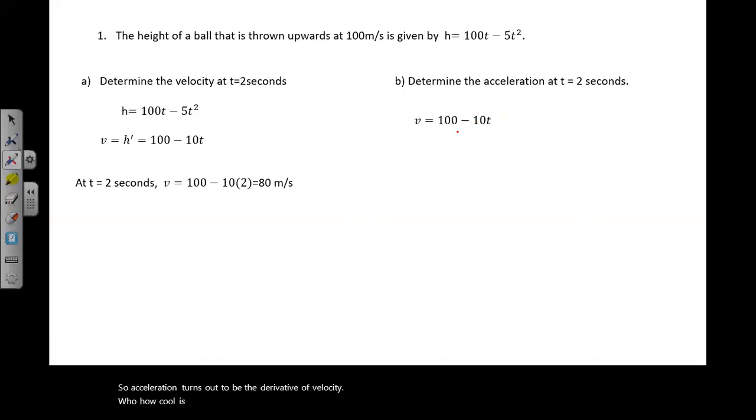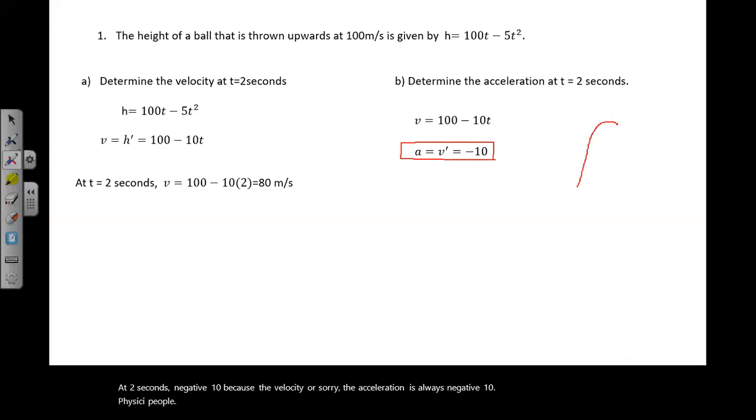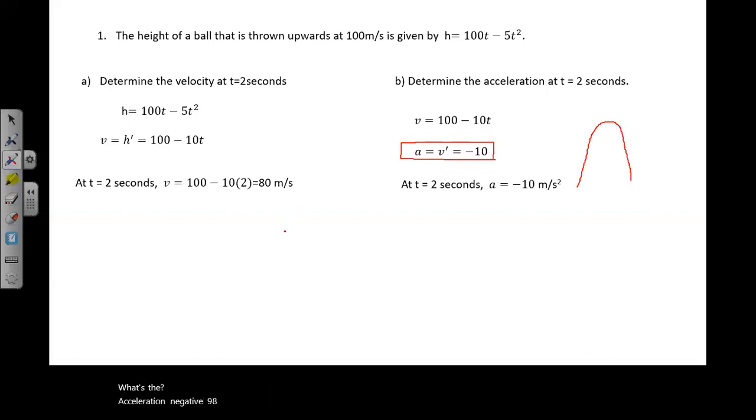So we're going to take the velocity, find the derivative, and that's just -10. So at 2 seconds, -10, because the acceleration is always -10. Physics people, what's the acceleration? -9.8, so pretty darn close.